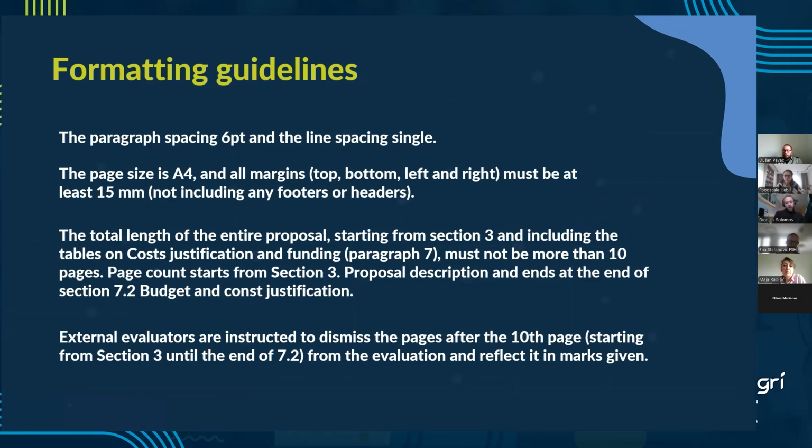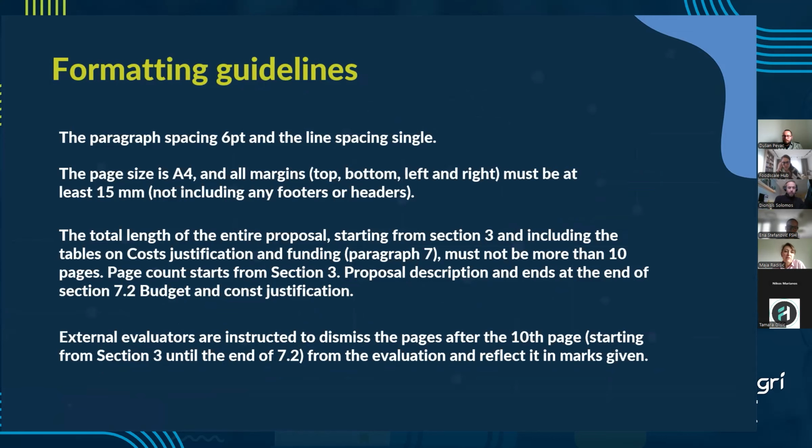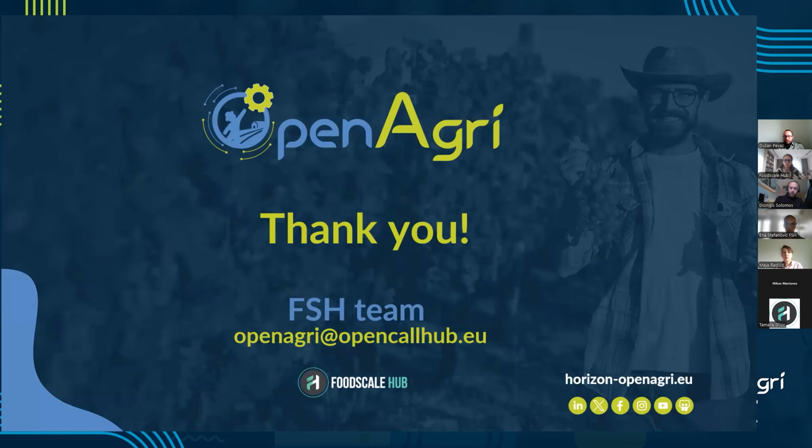Both Dusan and myself repeated several times, please respect the page limit, because external evaluators are instructed not to pay attention to the excess pages, so you will lose points in case some important information, for example, budget, is outside of the page limit. And that would be all from my side.